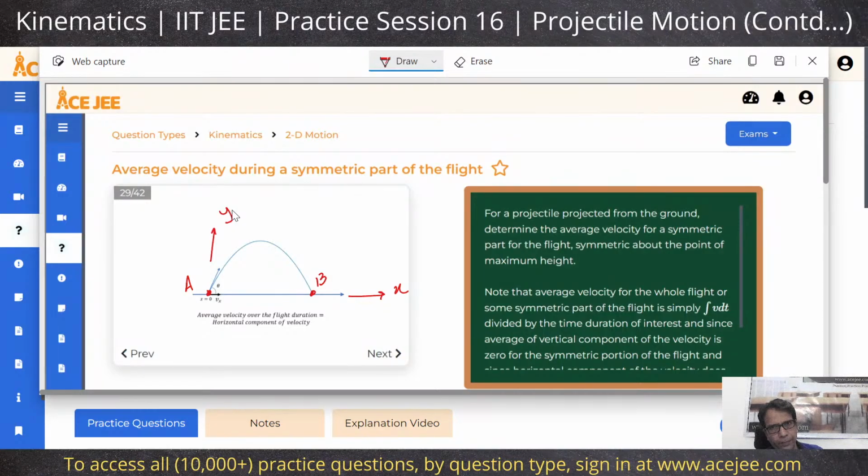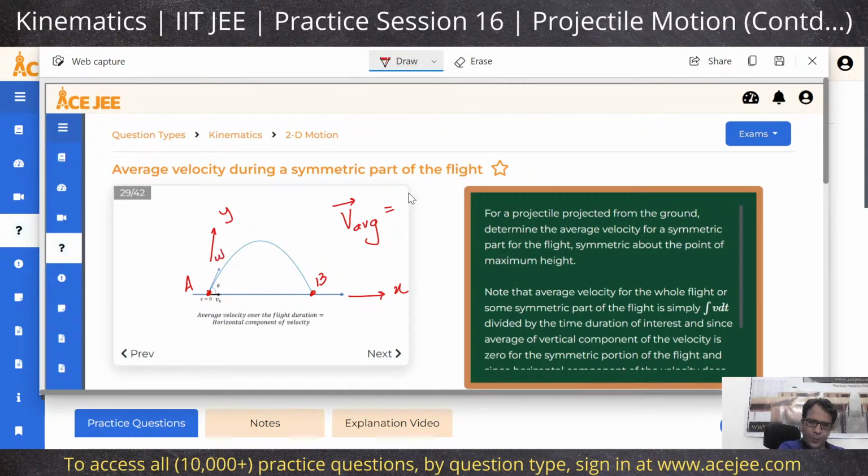So total distance in x by total time. Okay, and what will that be? What will be V average, horizontal? Sir, will it be u cos theta? Simply u cos theta, right? Yes.